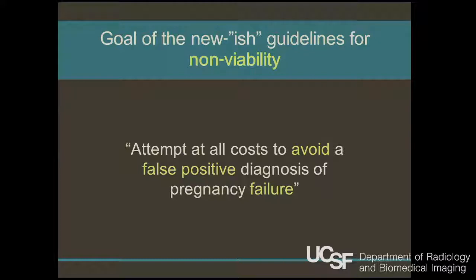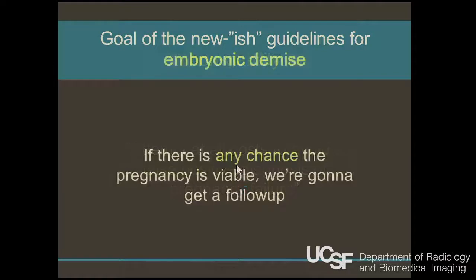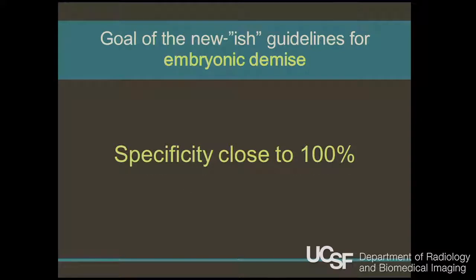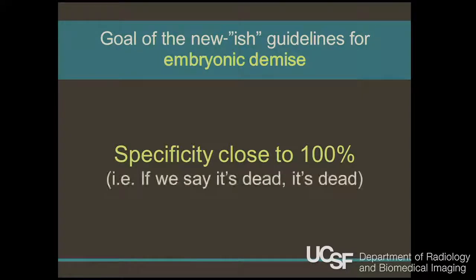It's a quadruple negative statement, which I don't even know what that means trying to read it. But I think they're trying to say the goal of the guidelines to diagnose embryonic demise was that if there's any chance that the pregnancy is viable, then we're going to do a follow-up. That's really why things changed. They're trying to give us a specificity of basically 100% that this embryo is dead before we call it dead.